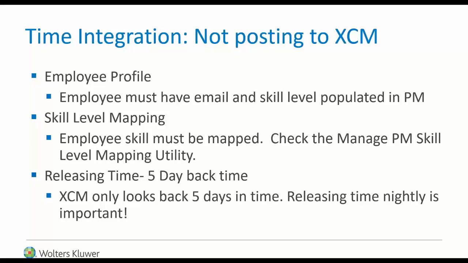Now, what the skill level does is it identifies the roles at the task level that that person could possibly work against. If I am staff level 1, and my skill level says staff level 1, that skill level needs to be mapped over to XCM and may only be mapped over to the preparation role, but if it's not mapped, the time won't come in.